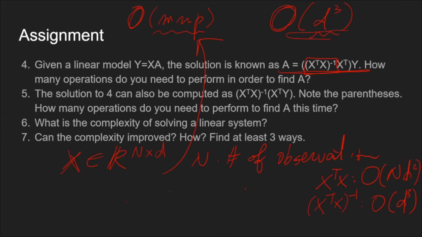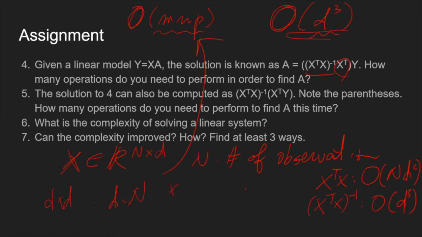Okay. Now, the next operation is to multiply this inverse with x transpose. So that's a multiplication between a d by d matrix and a d by n matrix.